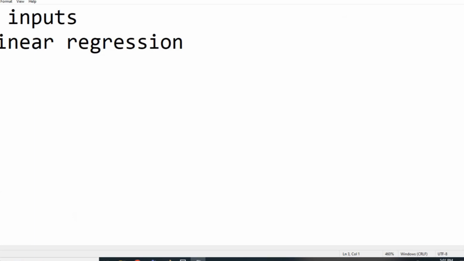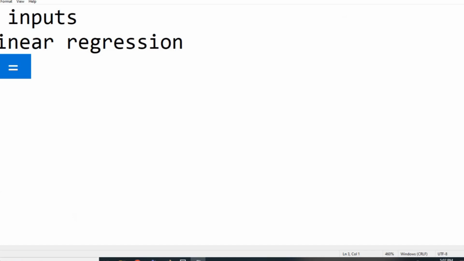So linear regression, what is the equation for regression? You remember the line equation? Y equal to... Last call before departure.